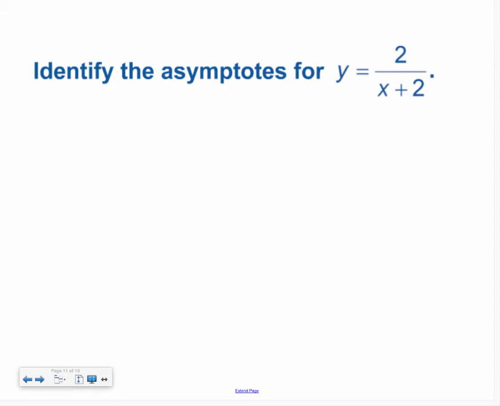Now I just want you to identify the asymptotes for y equals 2 over x plus 2. So our x asymptote would be negative 2, because a negative 2 plus a positive 2 gives us a 0 in the denominator, which gives us our x asymptote. What about a y asymptote? Do we have one?